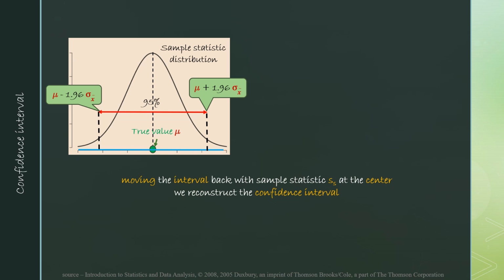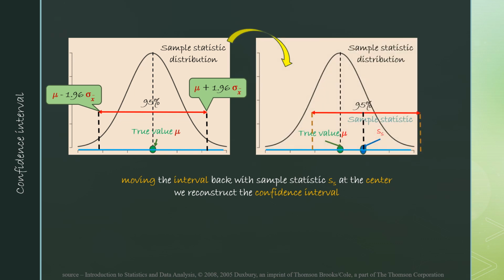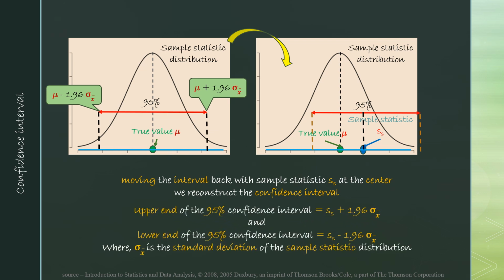Moving the interval back with sample statistic SS at the center, we reconstruct the confidence interval with upper end of the 95% confidence interval equals SS plus 1.96 times sigma x bar, and lower end of the 95% confidence interval equals SS minus 1.96 times sigma x bar, where, as discussed already, sigma x bar is the standard deviation of the sample statistic distribution.